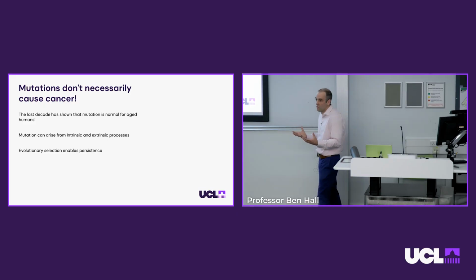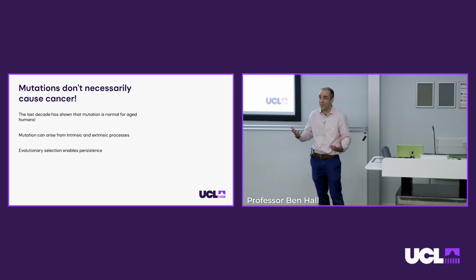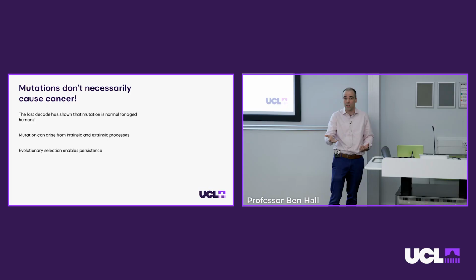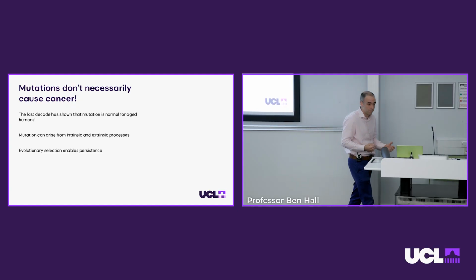By the time we're 40 or 70, we are mosaics of mutated cells that have arisen both through extrinsic processes, tobacco smoke or UV, but also intrinsic processes. Just the aging process, the process of division, can generate mutations that are able, if they are fit, to take root and to expand.